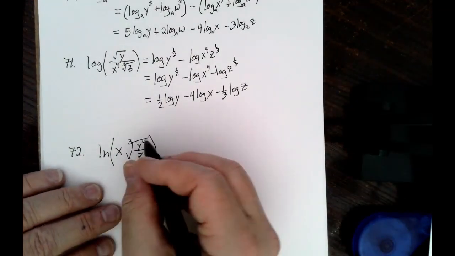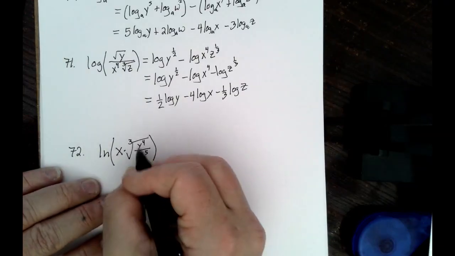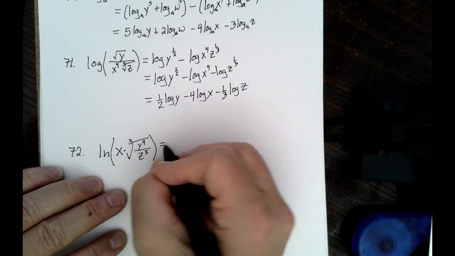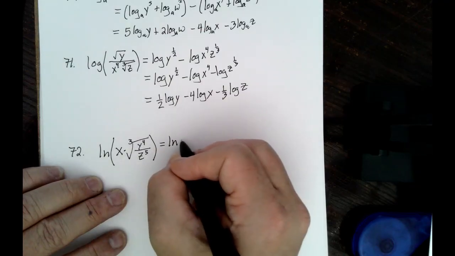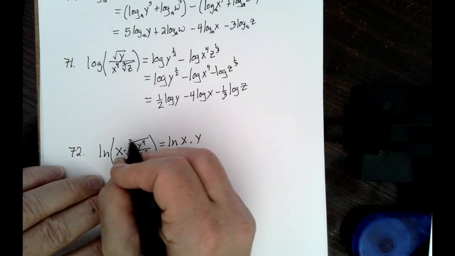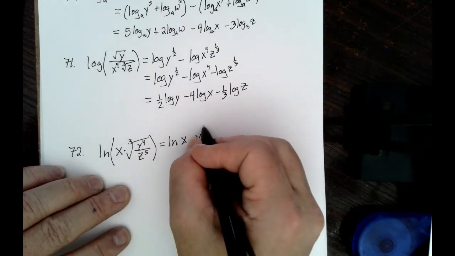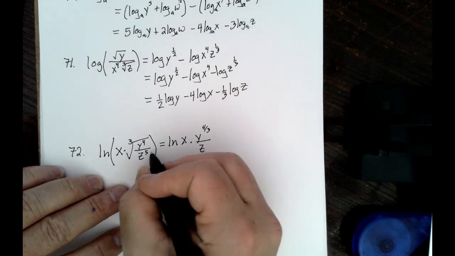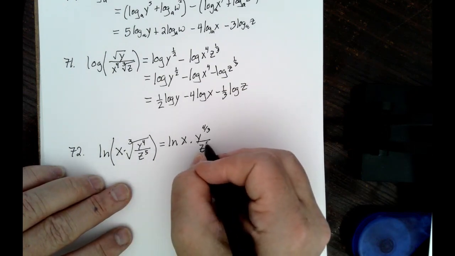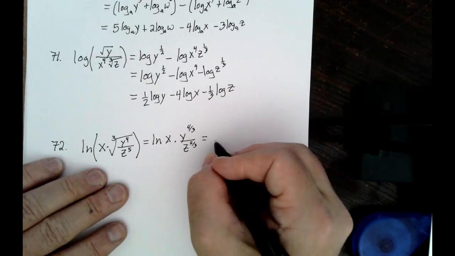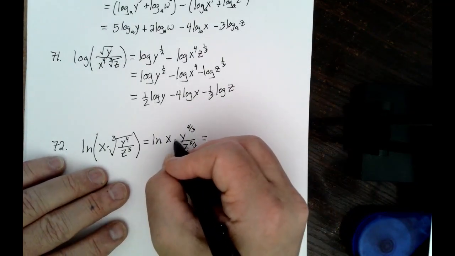Alright, now this one, you get x times this cube root of this fraction, so there's a lot going on here. So you really have ln of x times y to the 4 and 1/3, which is really 4/3, over z to the 5 times 1/3, which is 5/3. Okay, and if you want to, well, I might as well. Let's break this up.